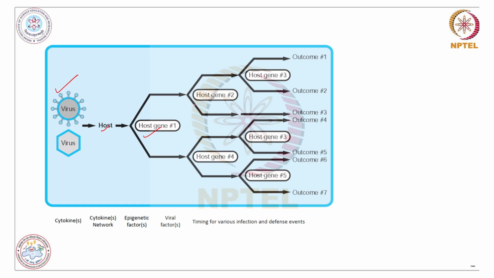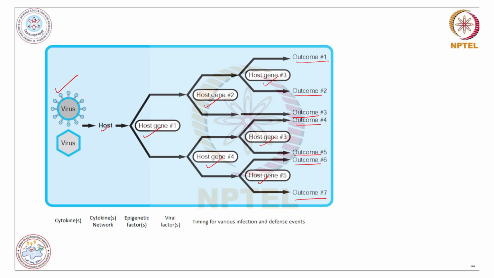And when this virus goes into the next host, and then the subsequent host, all these different types of hosts will have different outcomes. It will not be the same because the virus keeps on mutating, it keeps on forming different variants, so the outcome is different for all the cases.